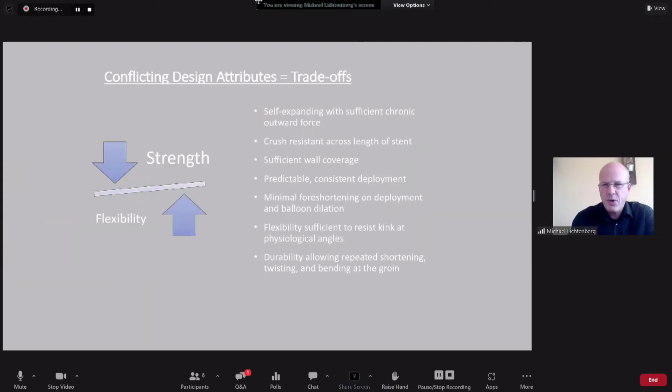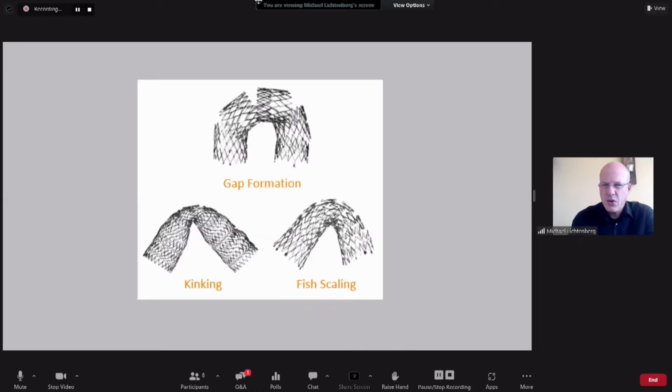So therefore, it's important to talk about stents and the different stent attributes. We know that in general, venous stents are a compromise of strength and flexibility, but the general rules for venous obstruction: crush resistance, absolute. We saw a lot of these pictures here in different stent designs like gap formation, kinking, push scaling. The question, of course, is, has this any clinical impact?